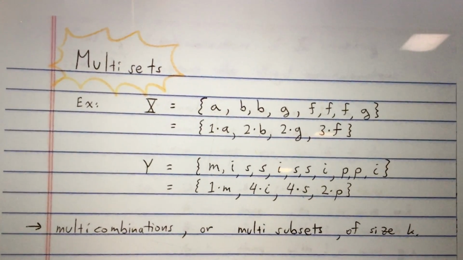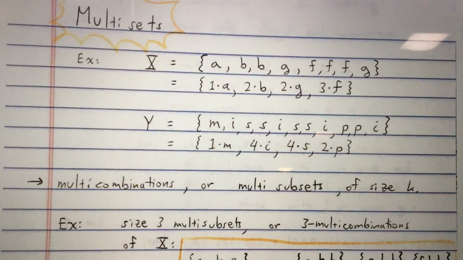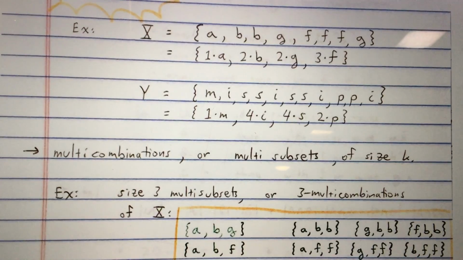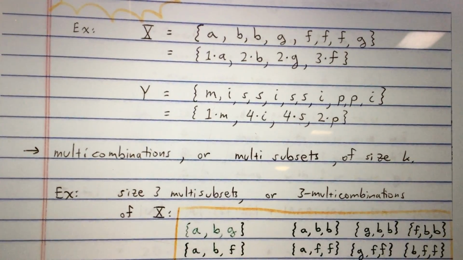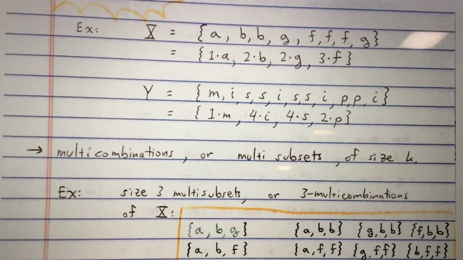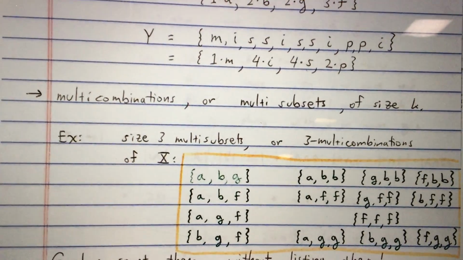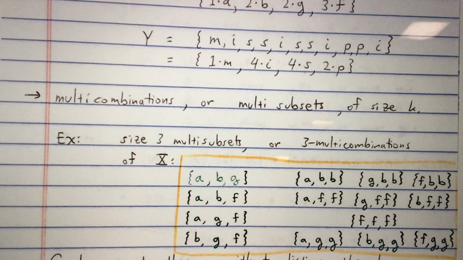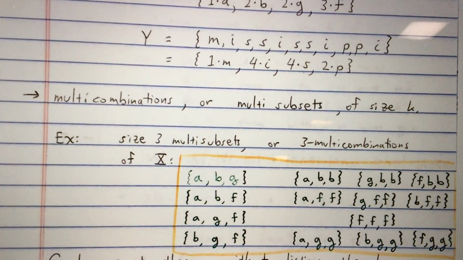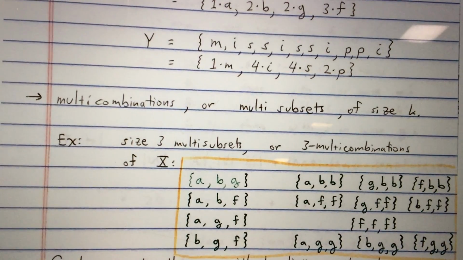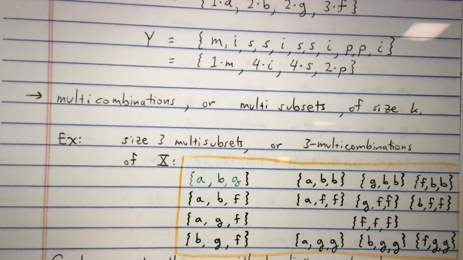Alright, well, here's what some of those look like. We'll start with the set X and get all the size 3 multi-subsets, or sometimes they're called 3 multiple combinations of X. So here they all are. First of all, there were 4 different kinds of elements, A, B, G, and F. So that means we've got those on the left, the 3 multi-subsets that have 1 of each.